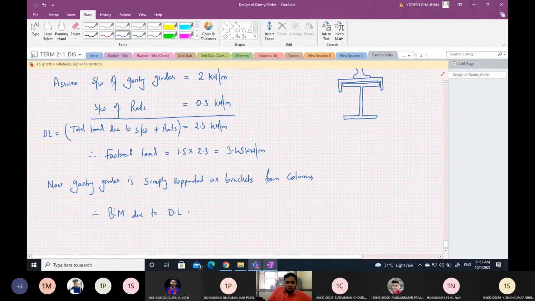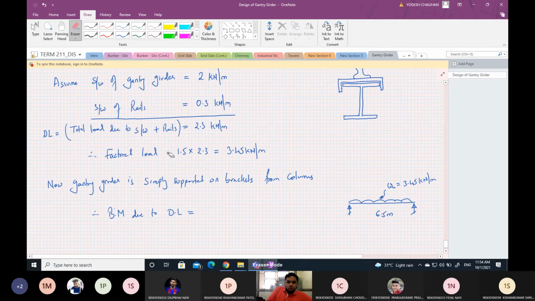Due to dead load will be equal to, this is 6.5 meter and there is a UDL of 3.45, you can say WU is equal to 3.45 kilonewton per meter.